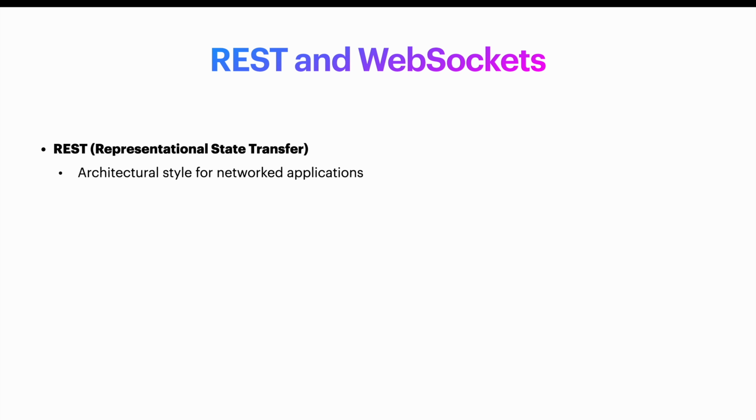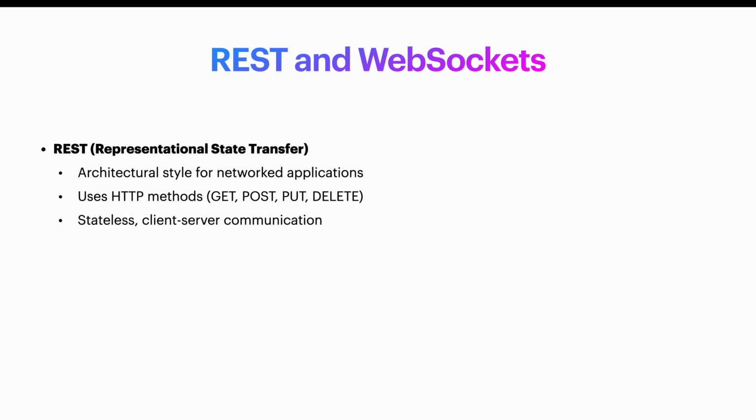When two applications communicate with each other over a network, you want a protocol so that how things should be done is defined in a proper way. We use REST for that. REST uses four HTTP methods: get, post, put, delete. It's a stateless client-server communication. It's ideal for CRUD operations.